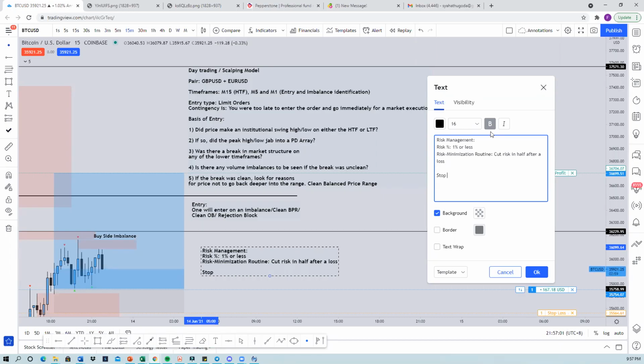And your stop loss depends on you. Ideally, okay, then your take profit.